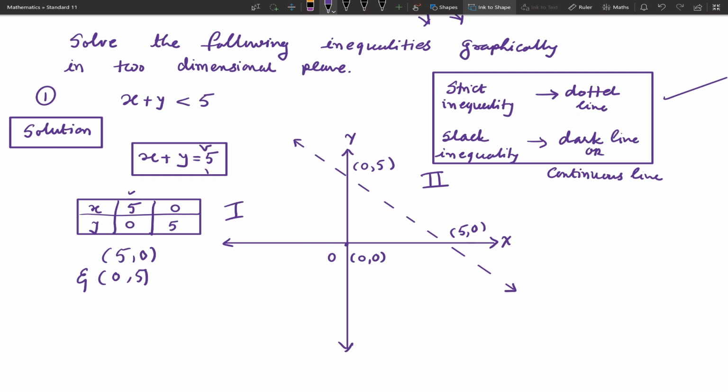So you have to select a point which does not lie on the line, and by that specific point you verify the inequality. If the point satisfies the inequality, then that half plane of the line, the one containing that point, will represent the solution set.